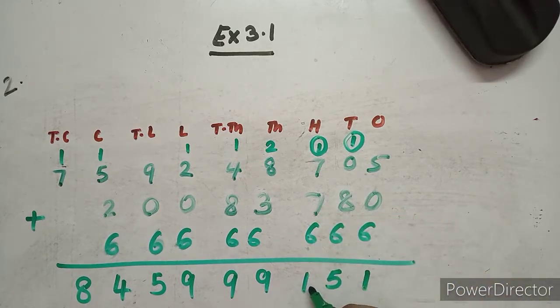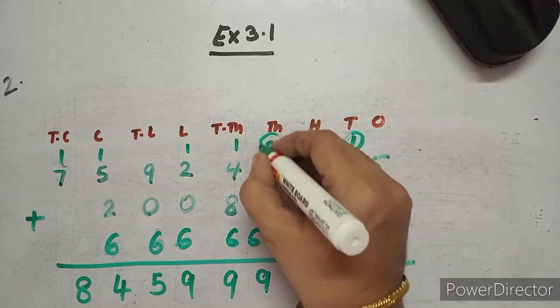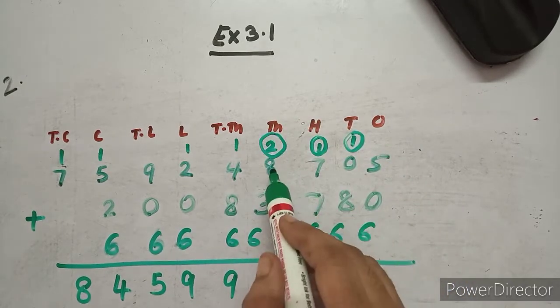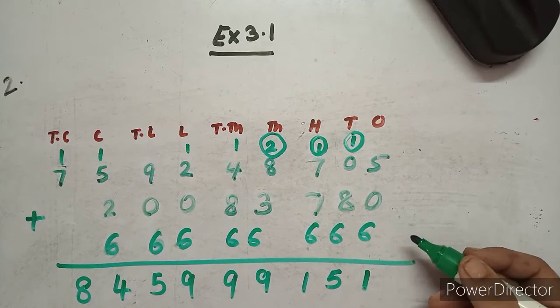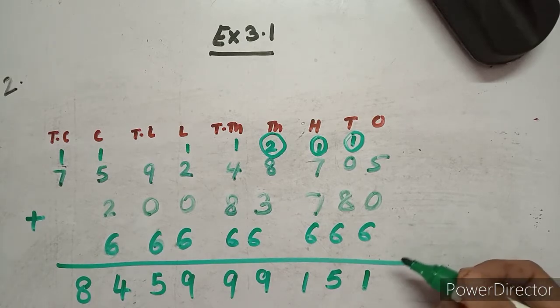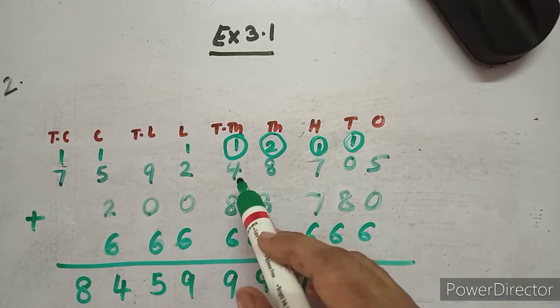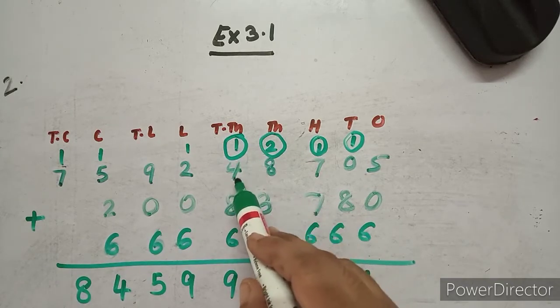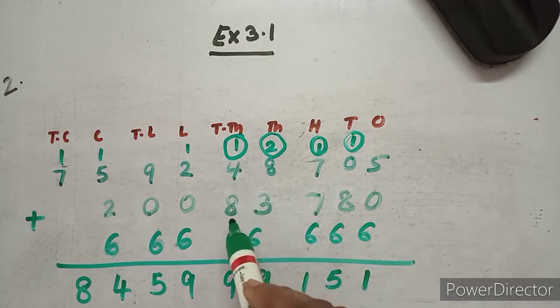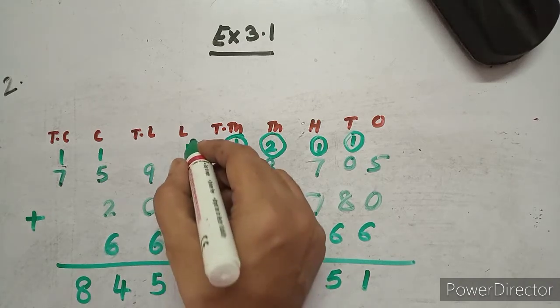So 1 down and 2 up. Then 8 plus 2 is 10, 10 plus 3 is 13, 13 plus 6 is 19. So 9 down, 1 up. Then again you have 1 plus 4 as 5, 5 plus 8 as 13, 13 plus 6 as 19. Okay, so 9 down again, 1 up.